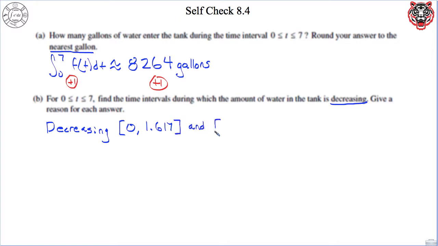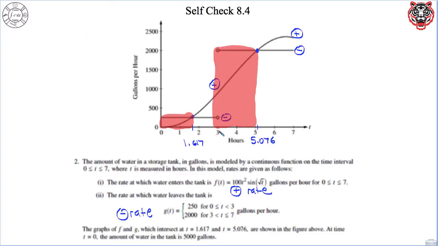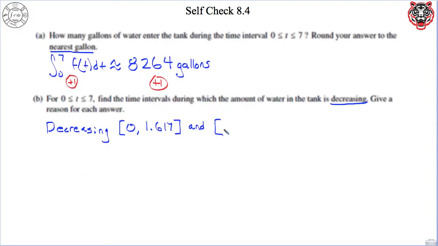And the other interval, just looking back at our graph, was 3 to 5.076. If I was being really specific about this, I would make this not a square bracket but a parenthesis, because at 1.617, it's neither decreasing nor increasing. And give a reason.